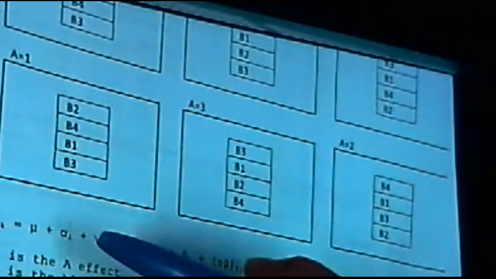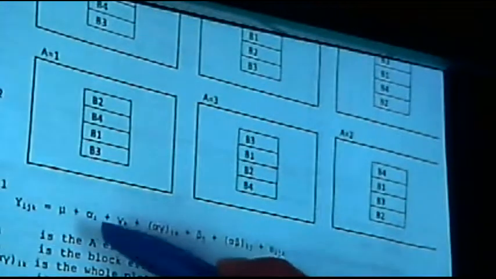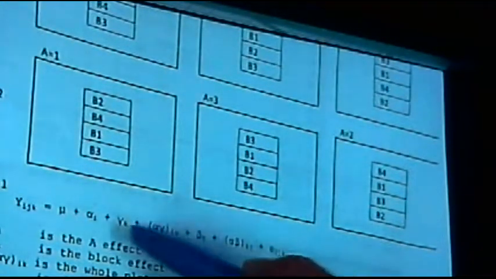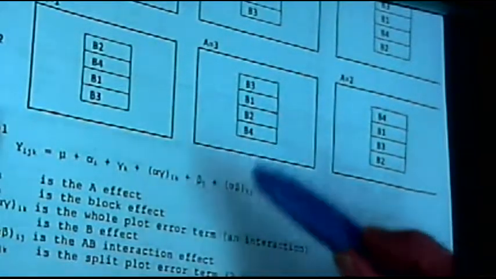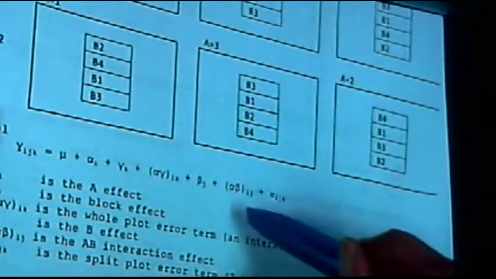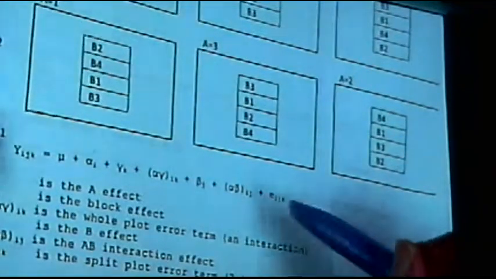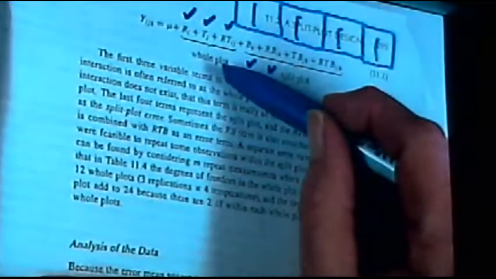We don't have all those terms in our handout model. What do we have in our handout model? We've got a term for the block effect, a term for the A effect, the interaction between A and block. Then we have B, then we have AB, and that's it. So in this layout here, we would have our replication like this.